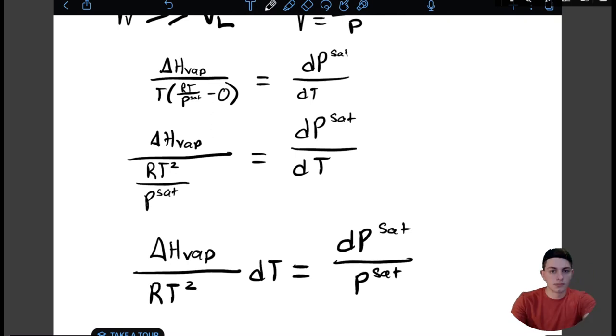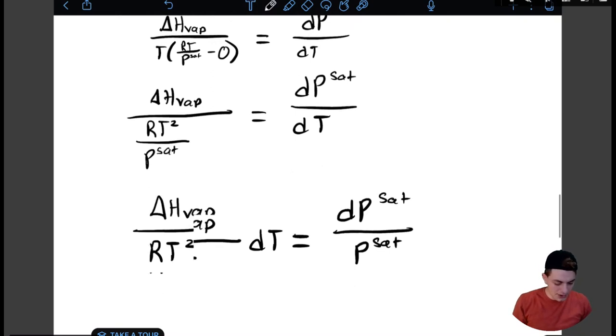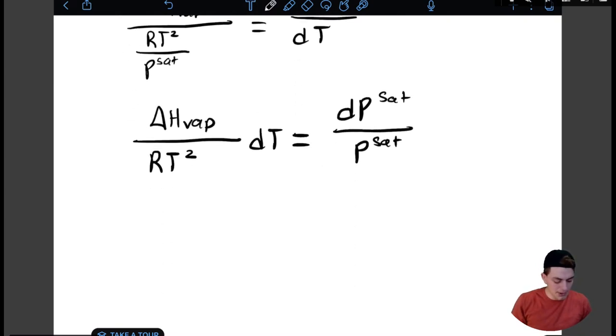Alright. Now from here, we have separated our variables. And at this point, we can virtually solve this equation by integrating both sides.